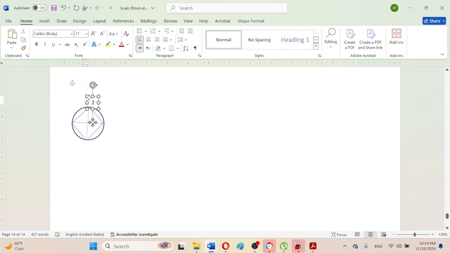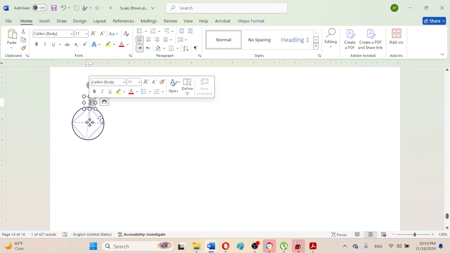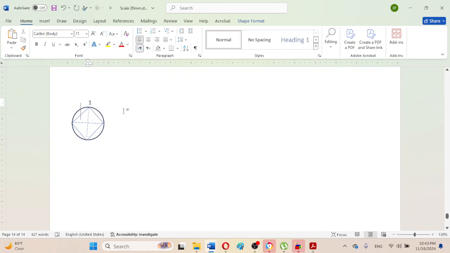Here, for example, just change it. This is 1, and again we can copy paste it.